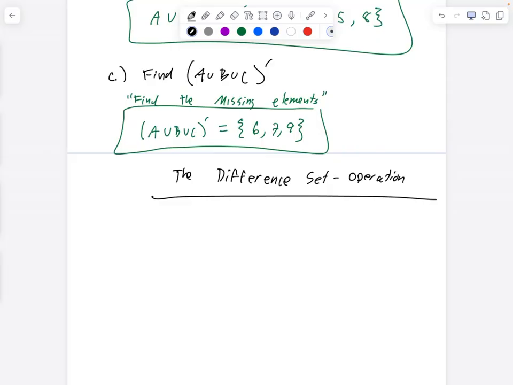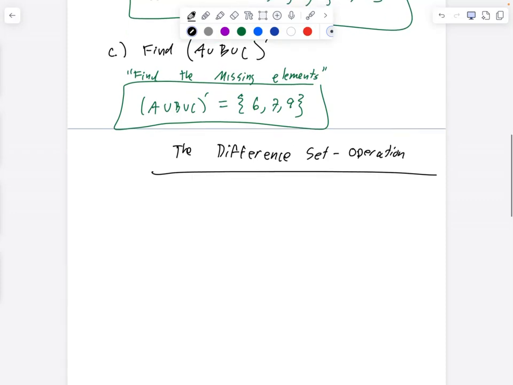Well, what math notation, what math operation means difference? I heard it. Subtraction. So A minus B means the elements only in A. All right?